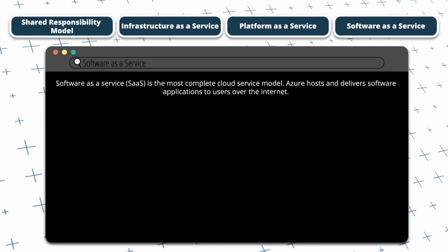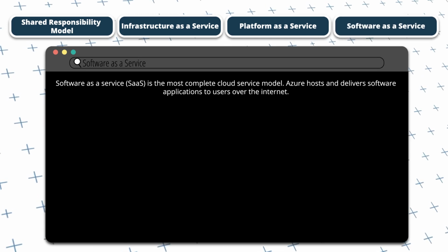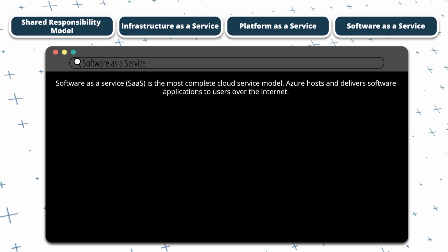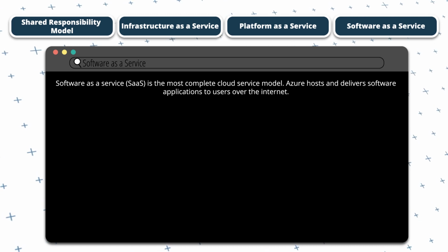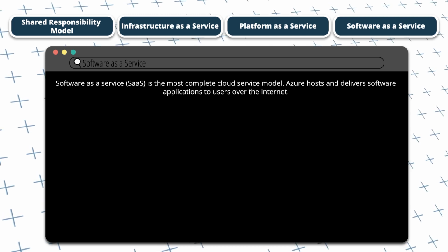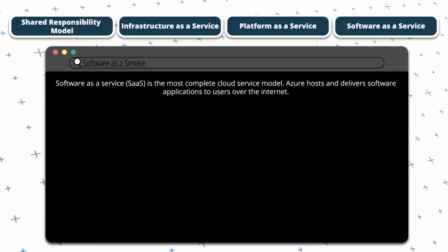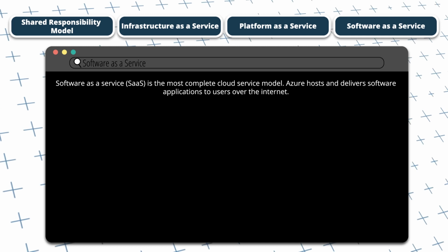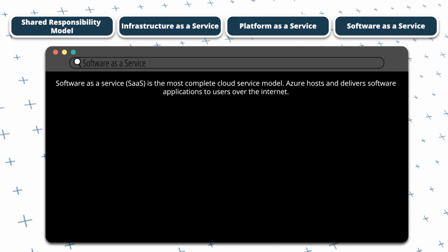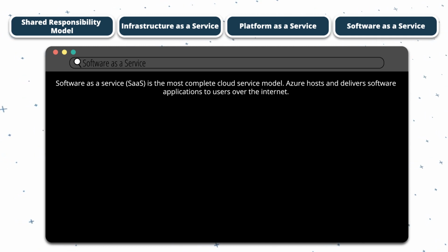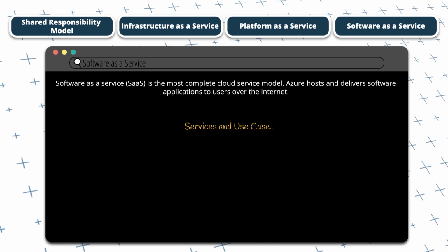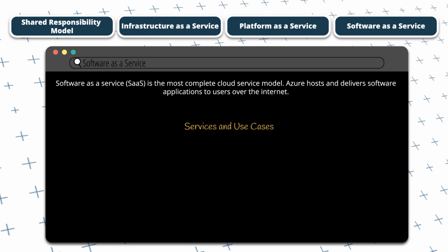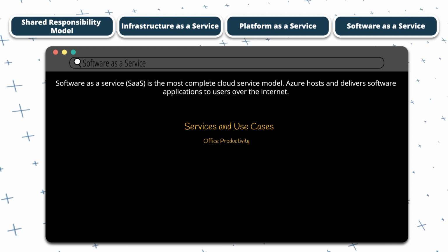Software as a service is the most complete cloud service model. Azure hosts and delivers software applications to users over the internet. Software as a service offerings typically require no installation or maintenance and are accessible from any device with an internet connection. Here are some use cases for Azure Software as a Service resources, and they would be Office productivity.